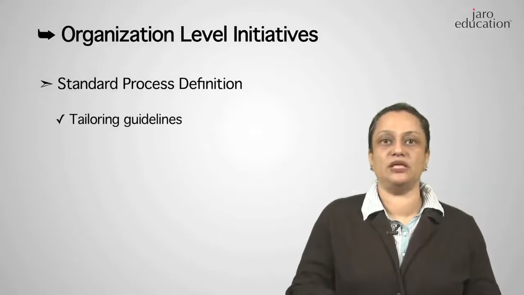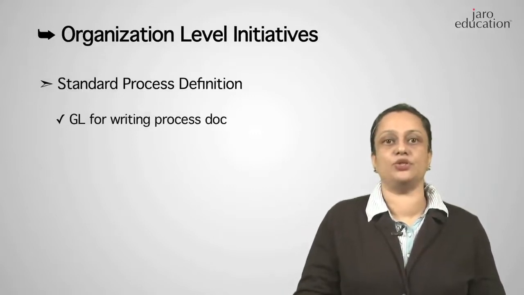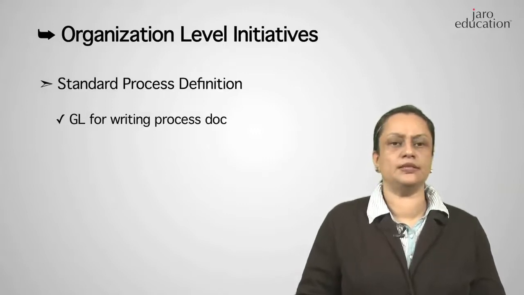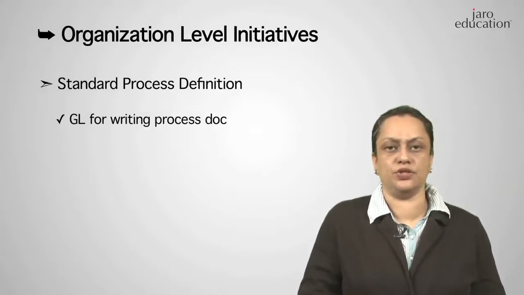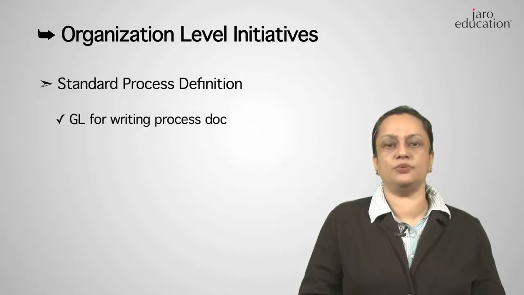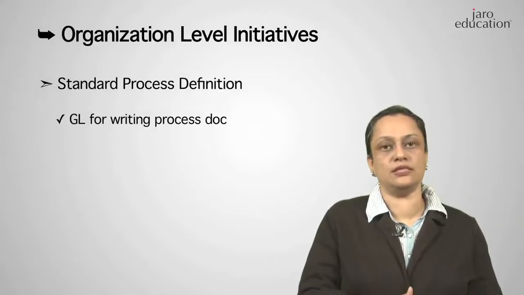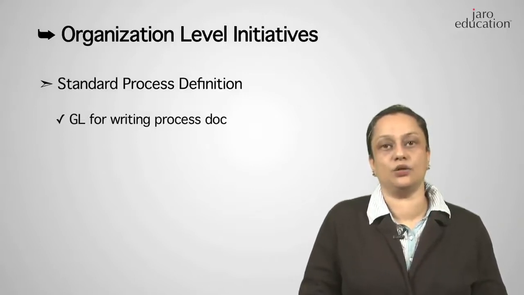There should also be guidelines for writing the process documents, for releasing these process documents, and retiring the old versions. Actually, this concept of release notices and retiring old documents is reminiscent of the older system where everything was in hard copies.